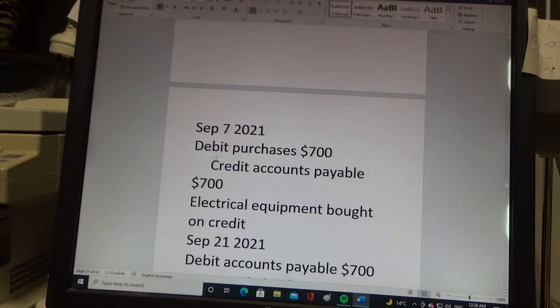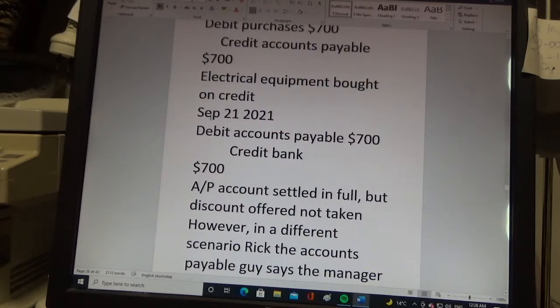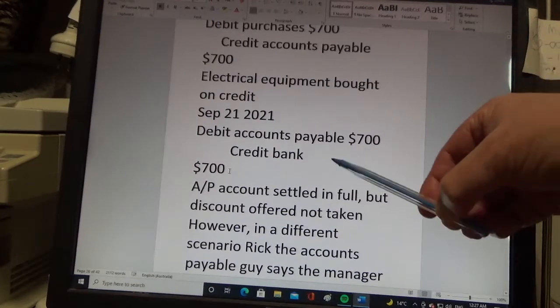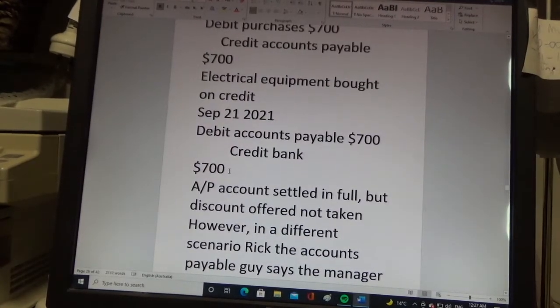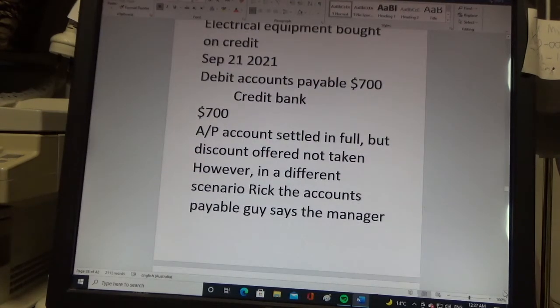Debit purchase $700, credit accounts payable $700. Electrical equipment bought on credit. Later in the month they settle, so you debit accounts payable, which is reducing it because it's usually a credit item in the current liabilities, and you credit bank $700 because you've got to pay money to your supplier to settle the account. That's outgoing cash. The accounts payable is settled in full, but the discount offered is not taken in that circumstance.